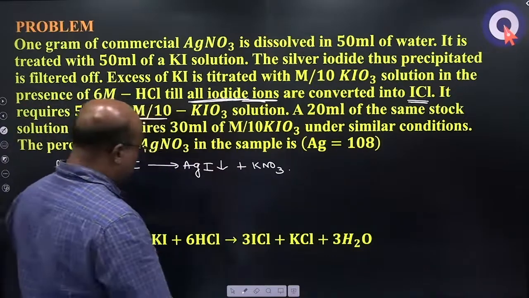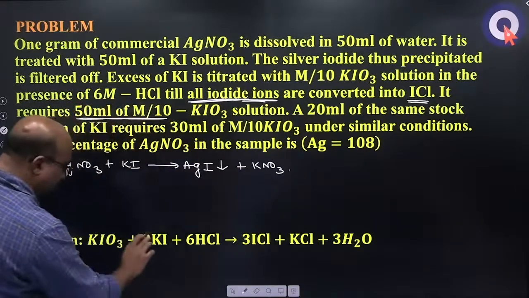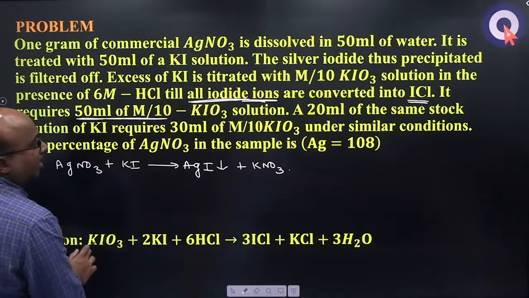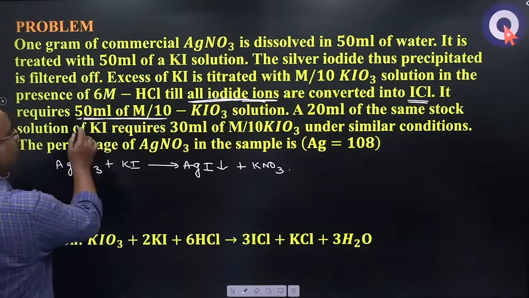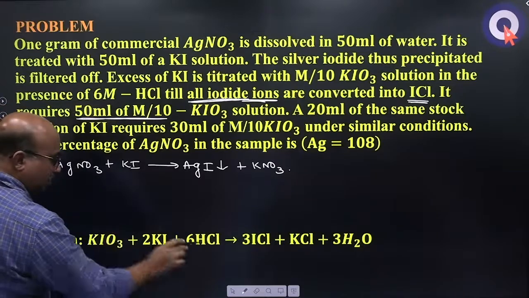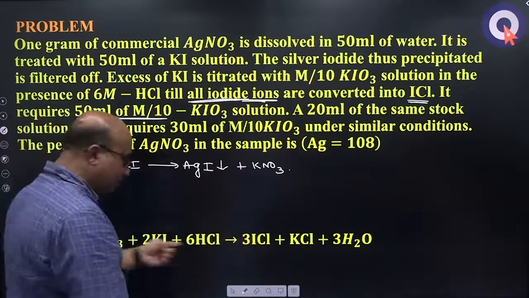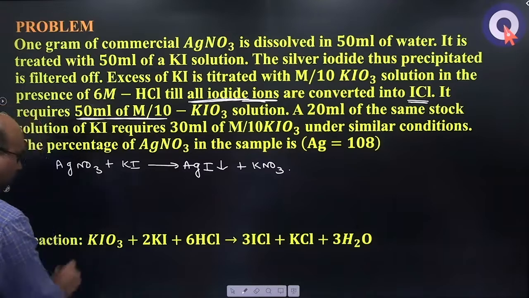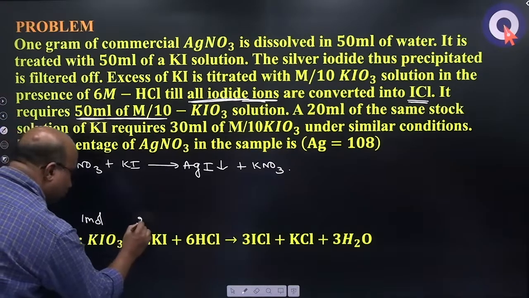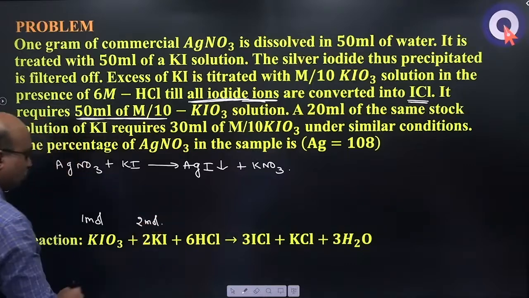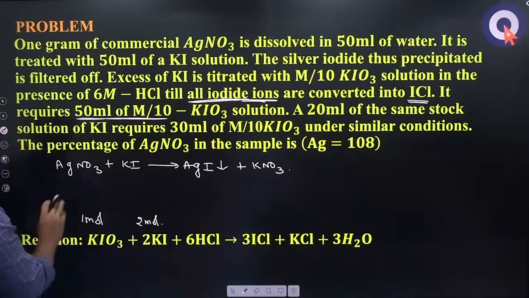Even if you take excess of this, if you take some M/10, 0.1 M concentration of KIO3, we require 50 ml. So as per the equation, which is already balanced here, 1 mole of this is always reacting with 2 moles of this. So how many moles of this have we taken?